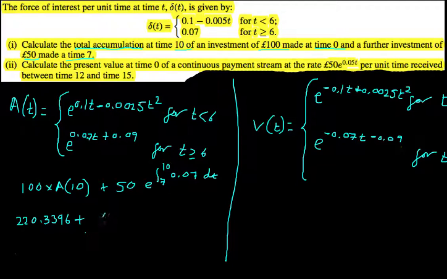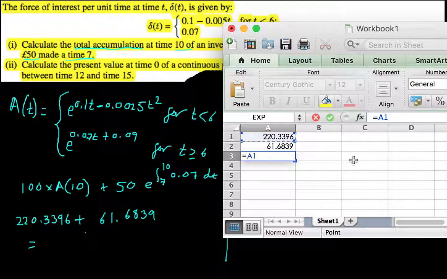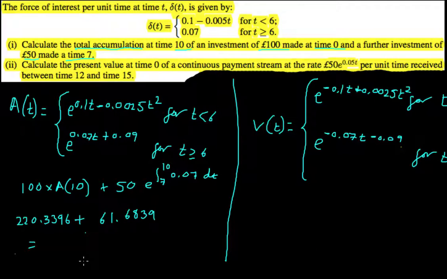I'll remember that. When we find the total, that first bit plus our second bit, that is 282.02 pounds, and that's the answer.